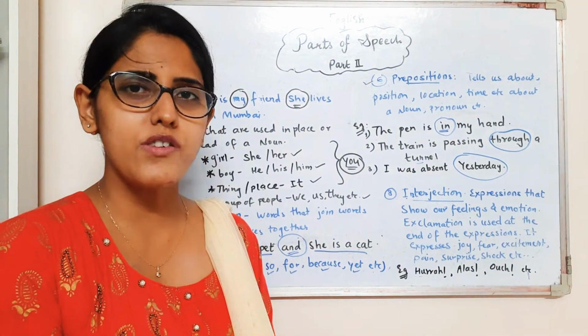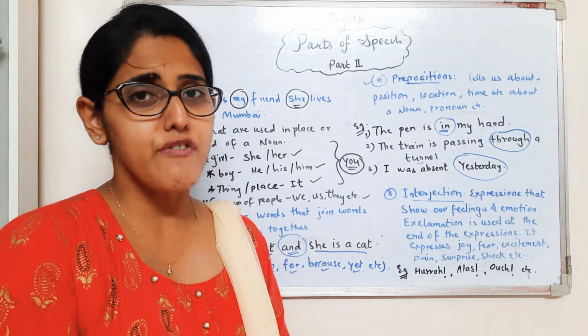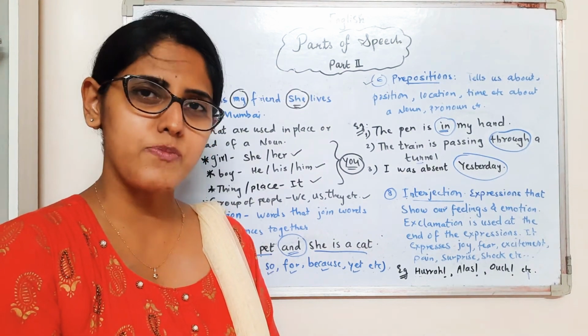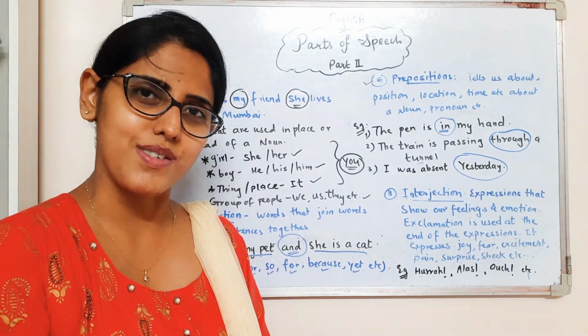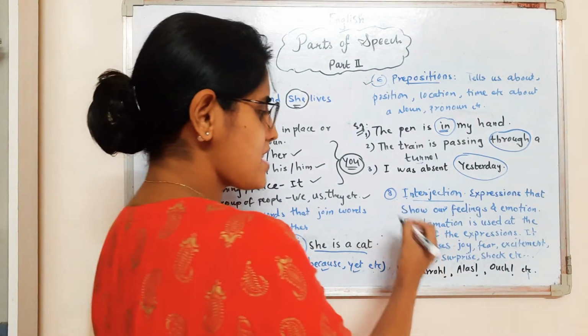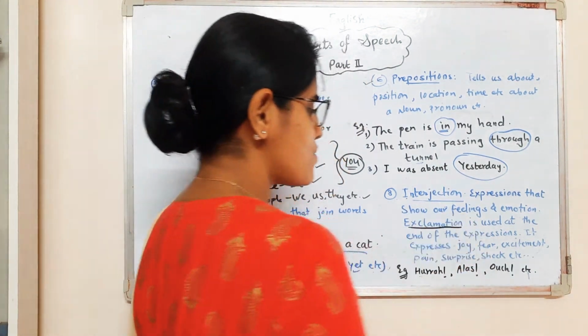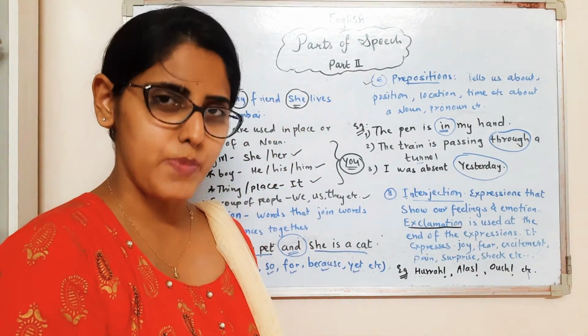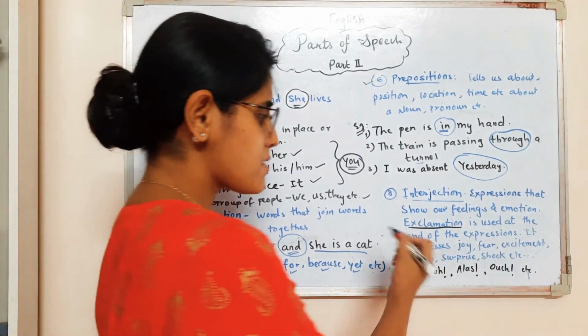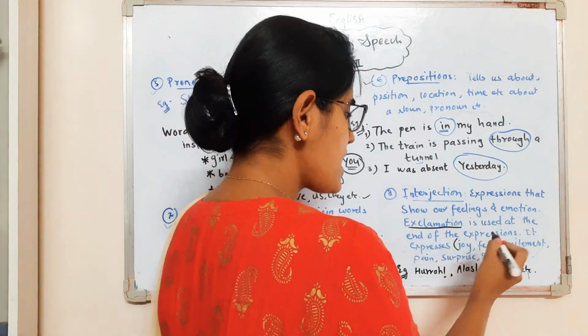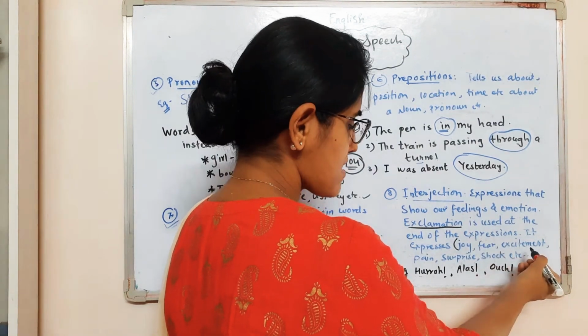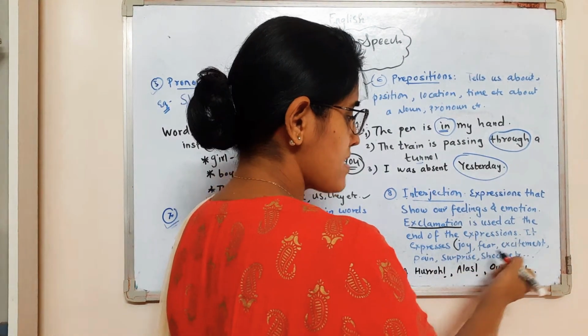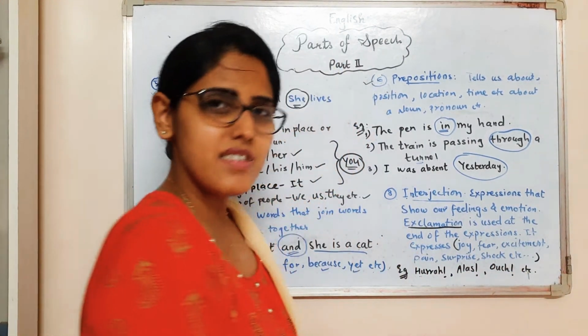Just to show what we are feeling at that moment, we use some expressions, and those expressions are called interjections. In interjection, exclamation mark is used at the end of every expression. Plus, it expresses, as I said, feelings like joy, fear, excitement, pain, surprise, shock, sympathy, etc.